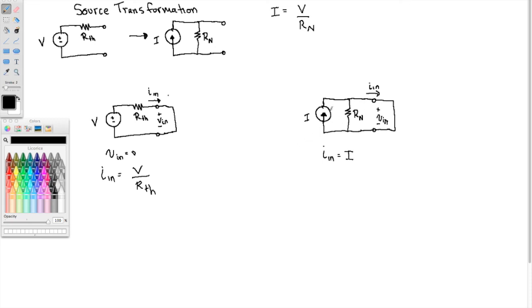The reason I have I is because this resistor here has been shorted. It's been shorted, so there's no voltage across this resistor. No voltage across the resistor means no current through the resistor. All of the current goes through the short. So now comparing this guy with this guy, we see that I is equal to V over RTH.